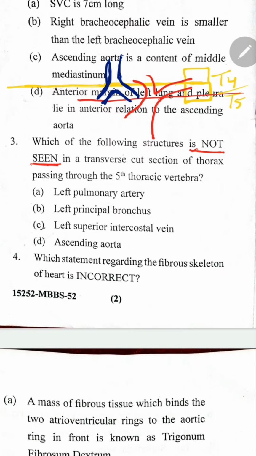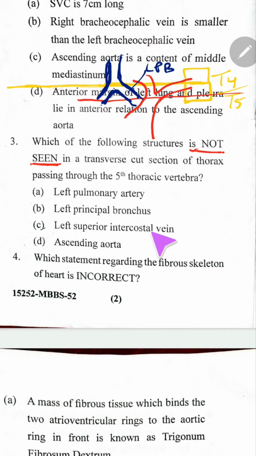Now this is in supine position, right? Supine, vertical, erect posture. So there you find carina at the level of sternal angle, right? That means upper border of T5. So left principal bronchus will of course be seen in a transverse section passing through the fifth vertebra.